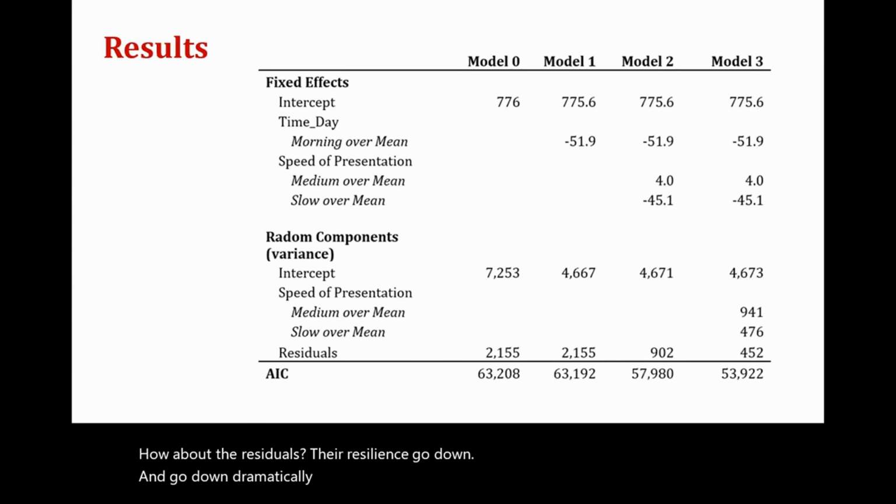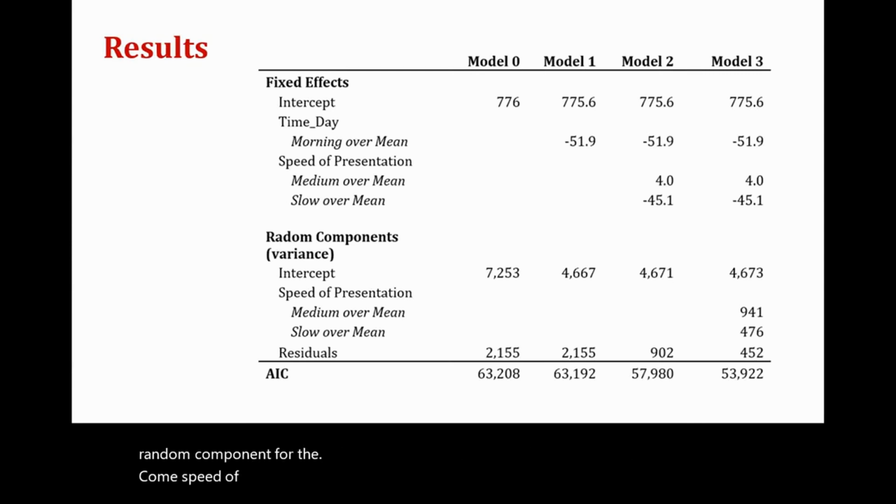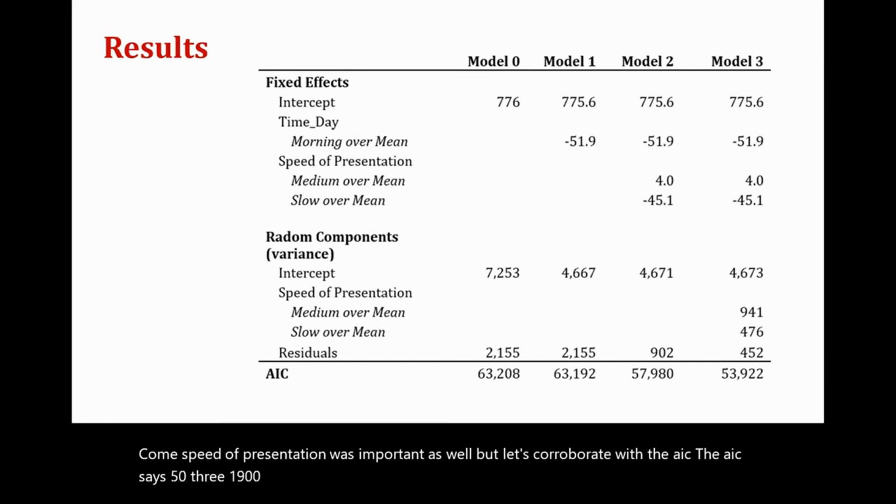So that is hinting that adding the random component for the speed of presentation was important as well. But let's corroborate with the AIC. The AIC says 53,922. Again, that means that Model 3 is better than Model 2.